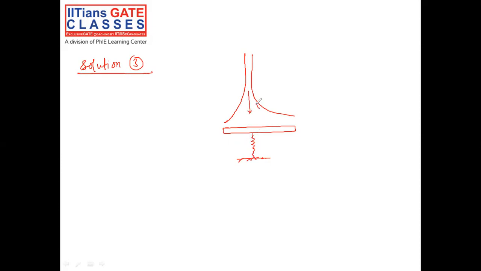The jet is moving with some velocity v1, impinging, and now it is going to deflect the spring by some amount, delta. Delta is given as 1 centimeter. K is given as 1000 Newton per meter, and the diameter of the jet is also given as 1 centimeter.